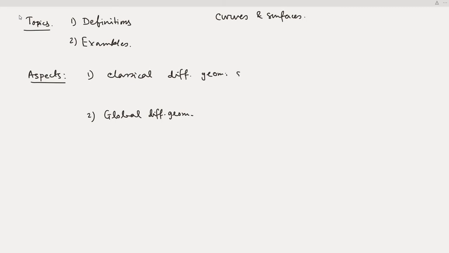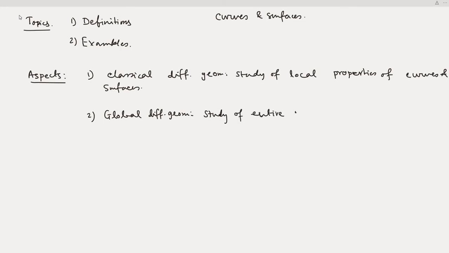Here is the study of local properties of curves and surfaces, and here is the study of entire curves and surfaces.